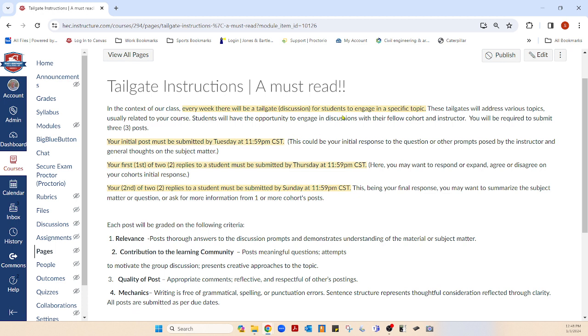This right here is not the tailgate. This is just the instructions for the tailgate. Then you have the first of two responses, and that's their due date. And then you have the second of two responses to another student no later than, and don't wait to the last minute on this. Guys, proofread. I believe you'll find easy fixes to some of the things that really mess your sentences up.